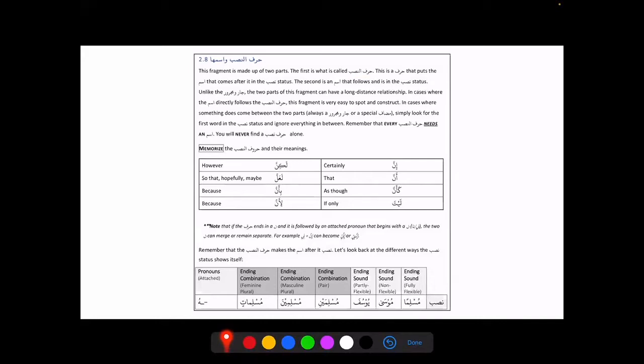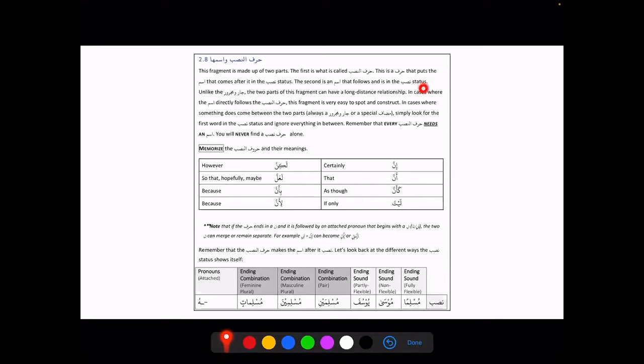So harfu nasab is going to be the first one, and then after this is a harf, and that puts the ism that comes after it nasab in status. The second is an ism, and that follows and is in the nasab status.